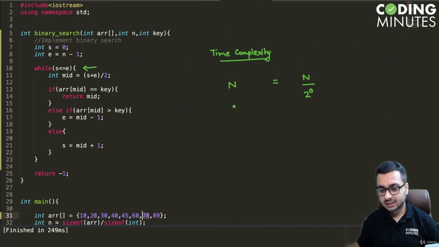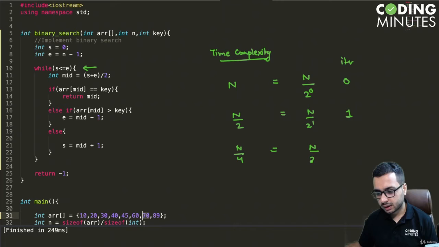In the next iteration this array is reduced by a factor of 2. So iteration 0 is n divided by 2 raised to the power 0, iteration 1 is n divided by 2 raised to the power 1, and in the next iteration it will become n by 4, that is n by 2 squared, iteration number 2.